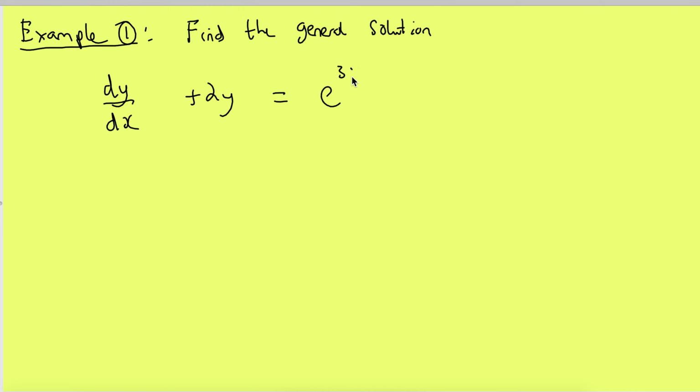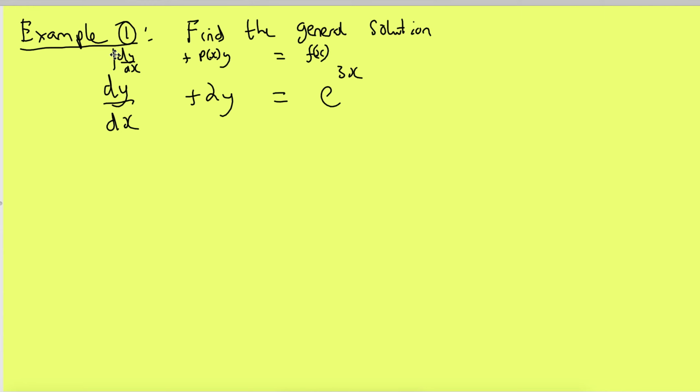Okay, so I see I've got a dy by dx, but this time I've got an add or subtract. So I know it's an integrating factor question. Now the form that we have is dy by dx plus p of x y equals f of x.